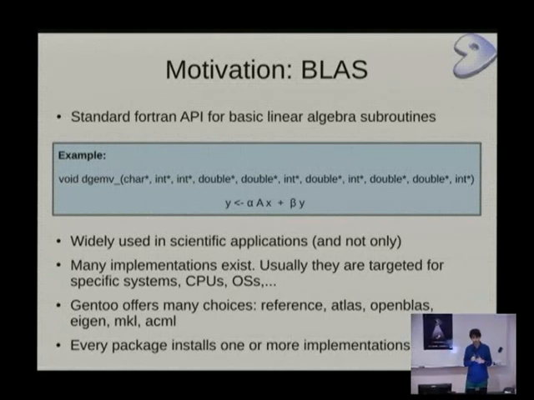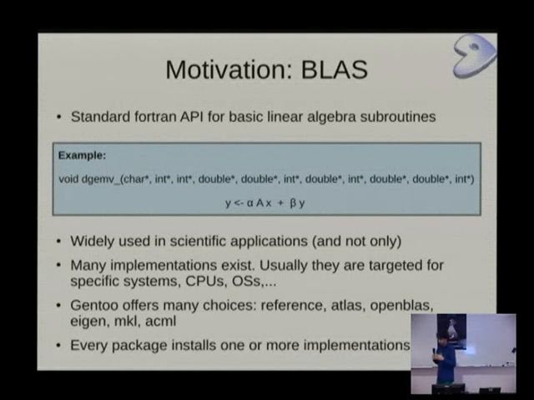We have lots of packages, lots of programs that use such an API. And as I said, many implementations exist, and every implementation normally is targeted for a specific operating system or a specific architecture. So in Gentoo, we have many packages that install at least one implementation of this API.